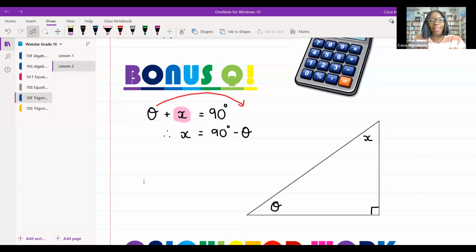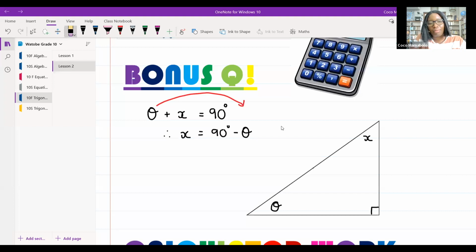Why do you have to swap it out? Why do you have to transpose it? Because I want x to be the subject of my formula. If I want to have x on this side by itself, what do I need to do with theta?